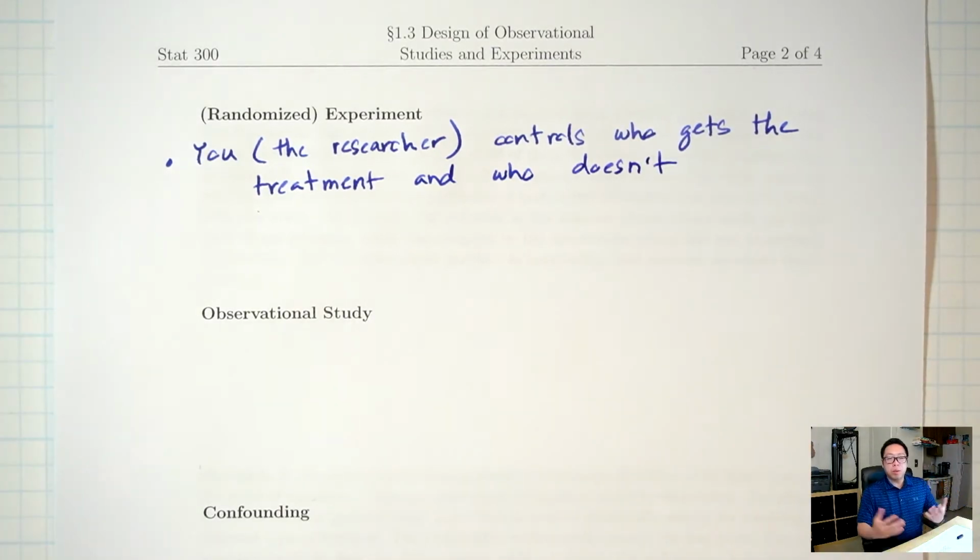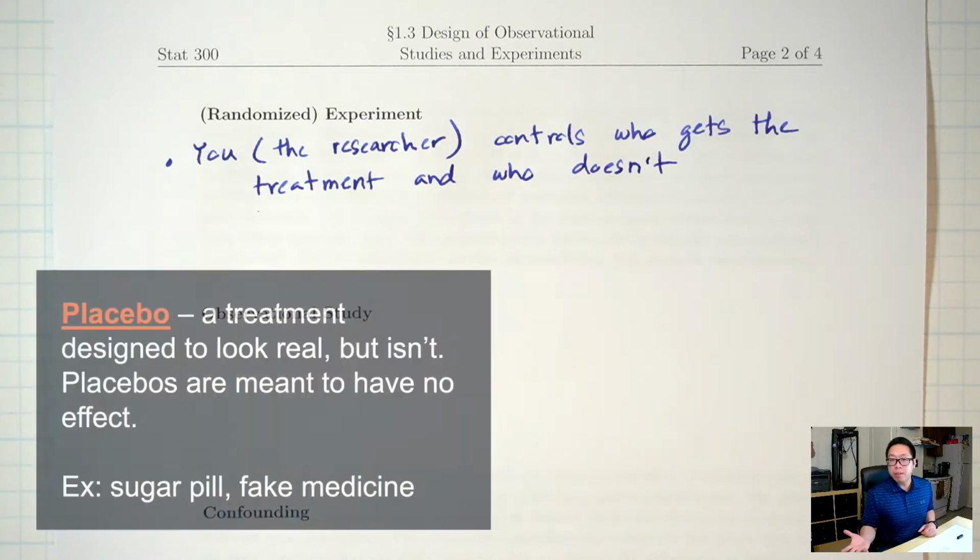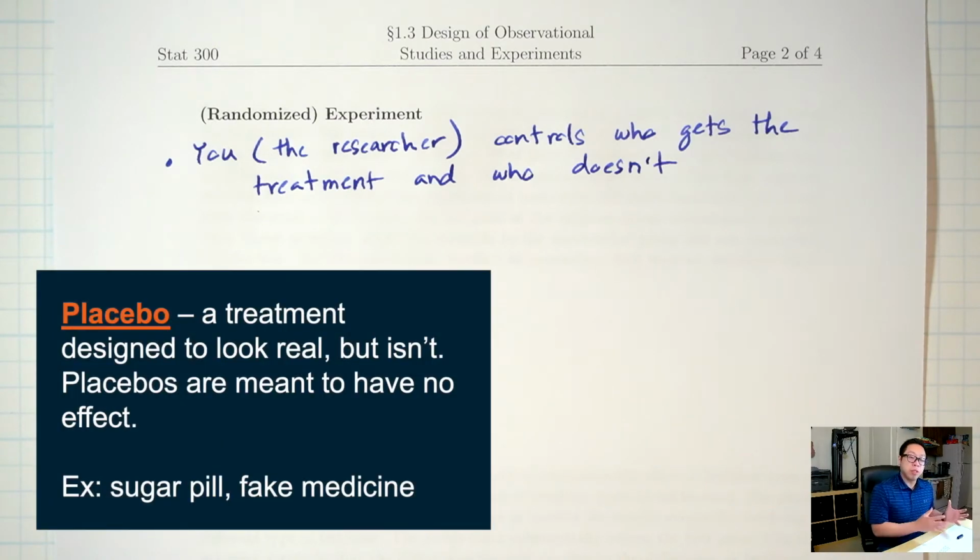Right, so you have your group of people. You're going to break them up into two groups. One group you give the medicine or the treatment to, and the other group, the non-treatment group, you give a placebo, a fake medicine. And you get to choose who's in the treatment group and who's in the non-treatment group.